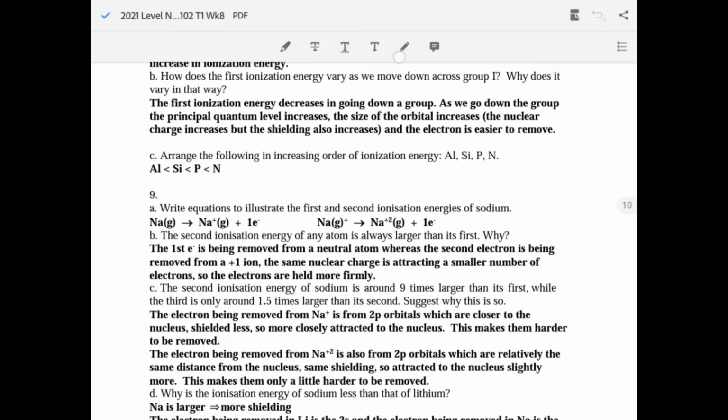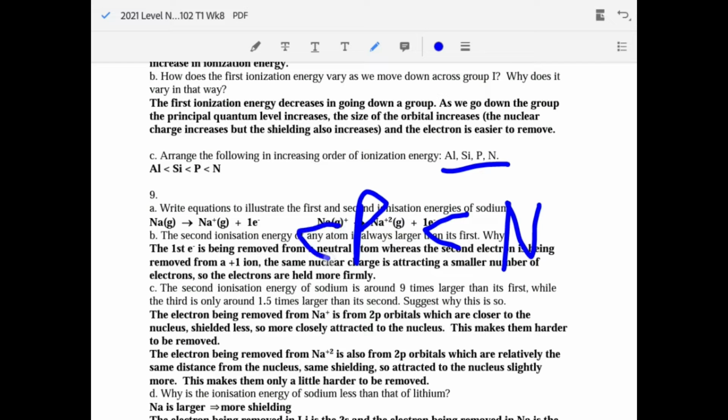And arrange the following in terms of ionization energy. Nitrogen has the highest, because, and phosphorus, I'll explain later, and then Si and Al.